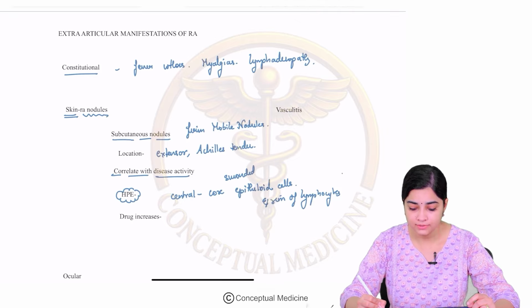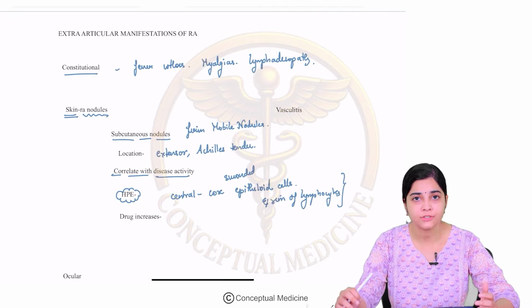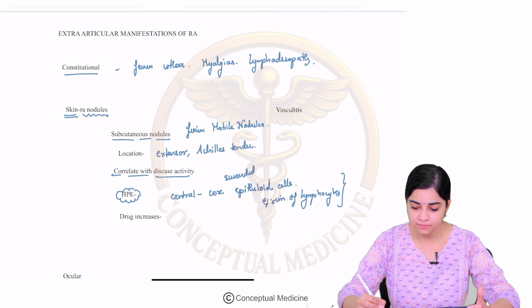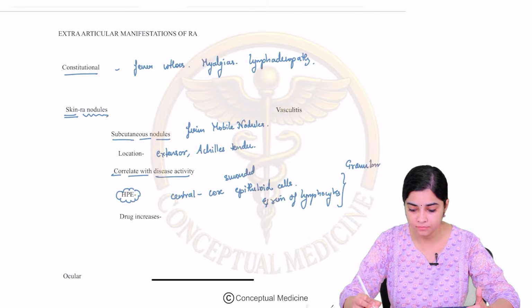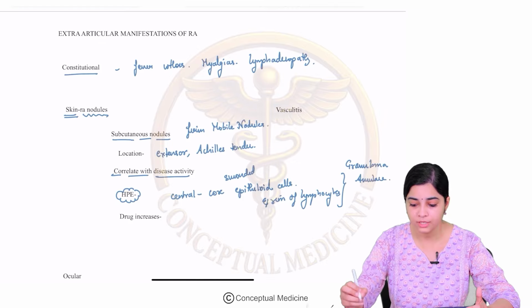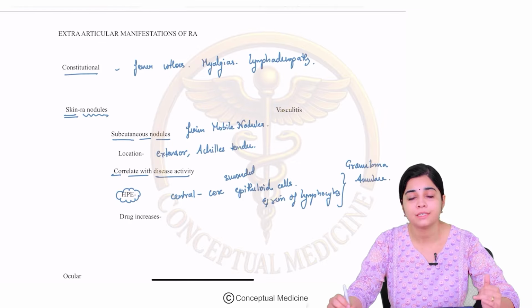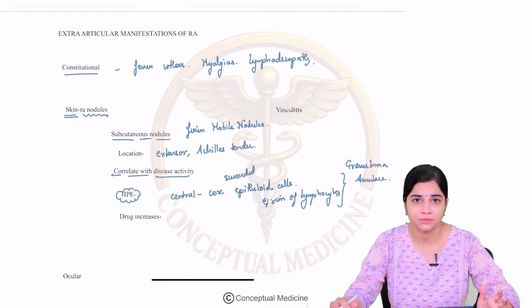So there will be a central clearing of eosinophilic material surrounded by epithelioid cells and a rim of lymphocytes. This histopathologic appearance is very similar to another disease called granuloma annulare, and you cannot histopathologically differentiate an RA nodule from the same.